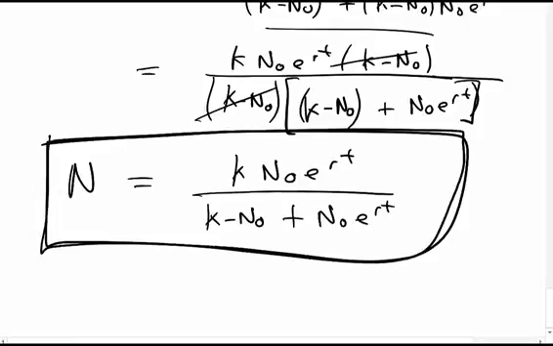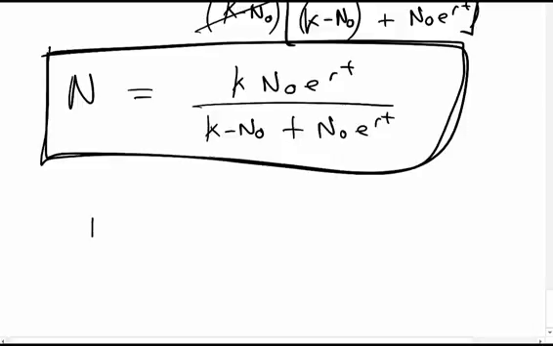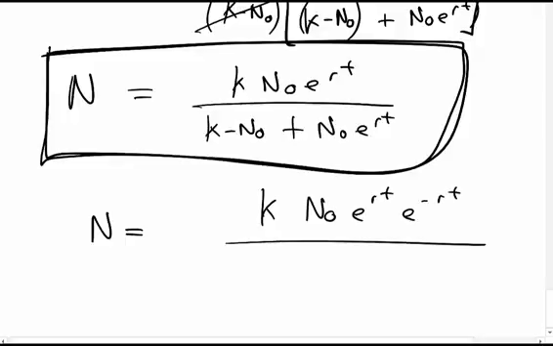Okay, and actually what I'm going to do is multiply through by e to the rt, so multiply tops and bottoms by e to the rt. Just to make it look a little bit nicer, I get k n naught on the top, and on the bottom k minus n naught e to the minus rt, plus n naught e to the rt times e to the minus rt.